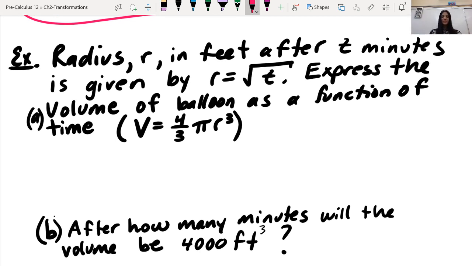Okay, so basically, let's go back to this. Radius r in feet after t minutes is given by this. So basically, it says express the volume as a function of time. So for starters, I know that I want to rewrite this in function notation. It's saying as a function of time, but I can see here that even time has a relationship with the r. So do you see that, like working backwards, I could rewrite this.